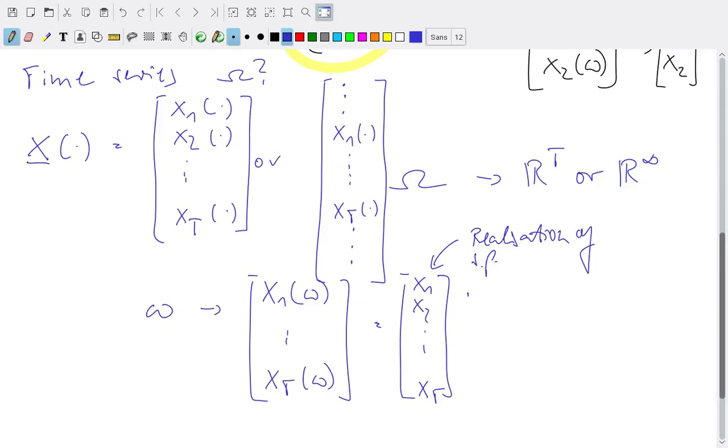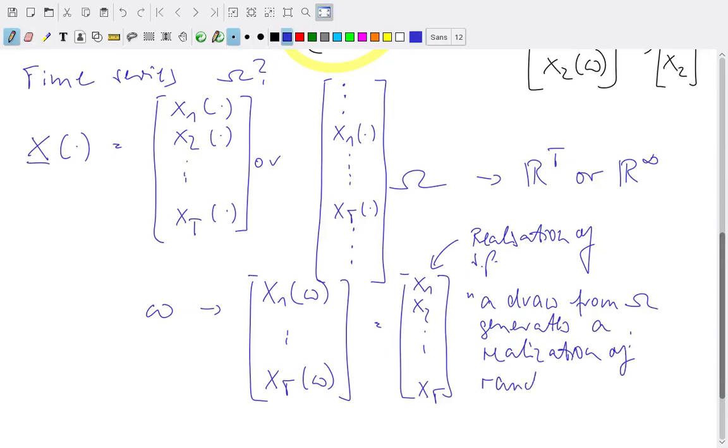What you should note and really keep in mind is that one draw from the sample space omega generates realizations of many random variables, or, let's put it like that, generates a realization of the random variables in the stochastic process.